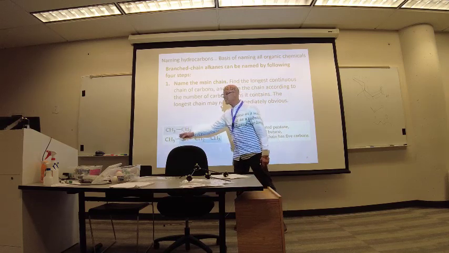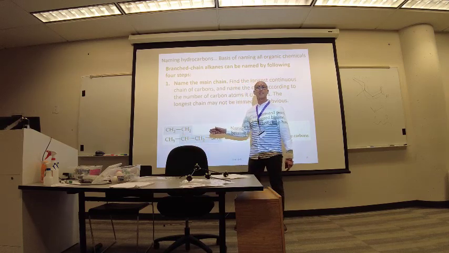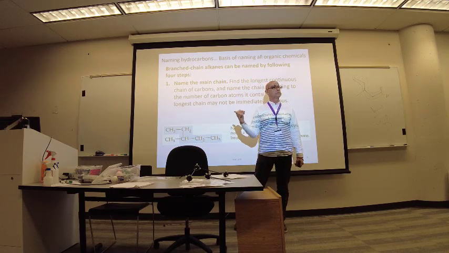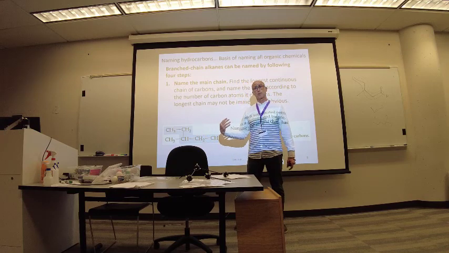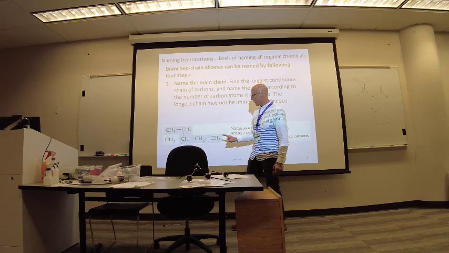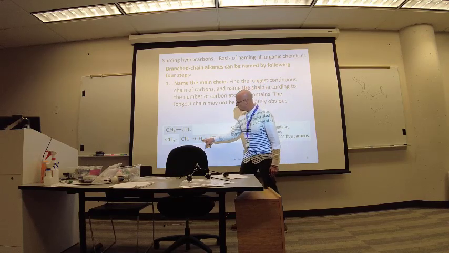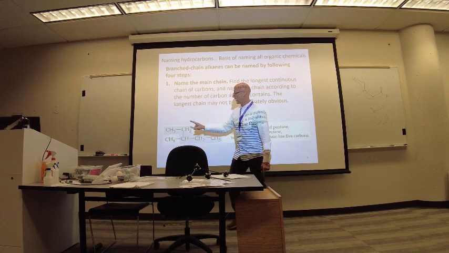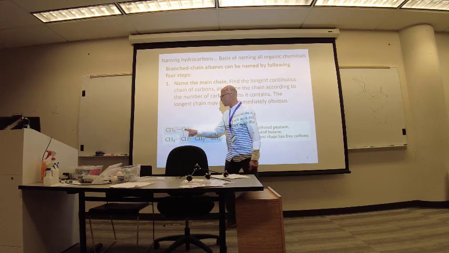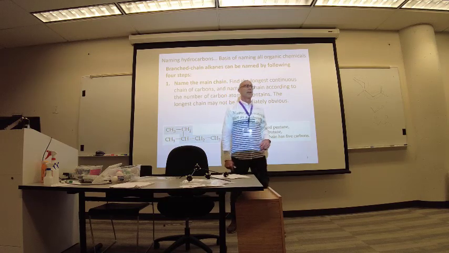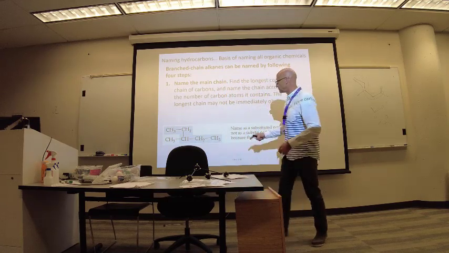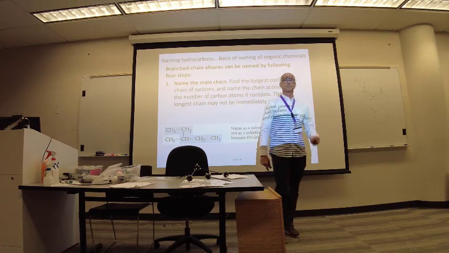So now how do I designate what that means? You count. And the way you count is you count such that the branch is the lowest number. So if I count from this end, I go 1, 2, 3. The branch is off of 3. If I count from this end, I go 1, 2, 3. The branch is off 3. That's it. It's 3-methyl pentane.